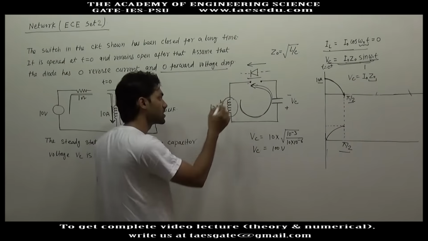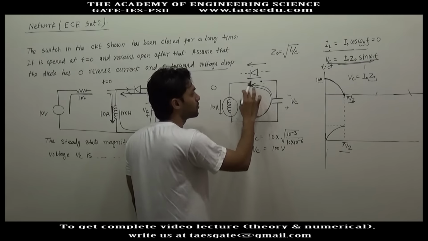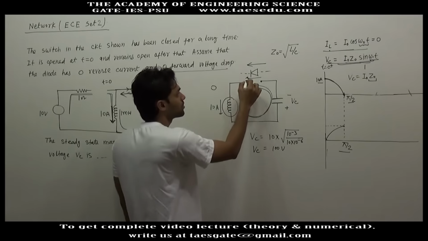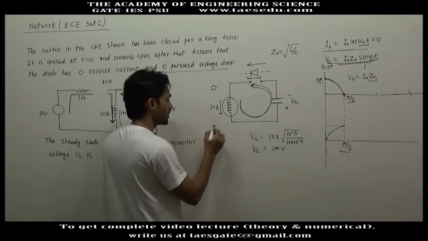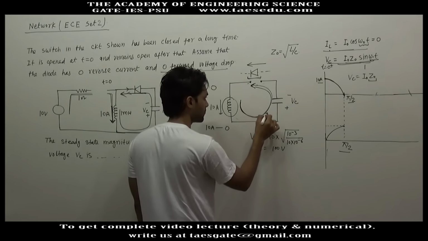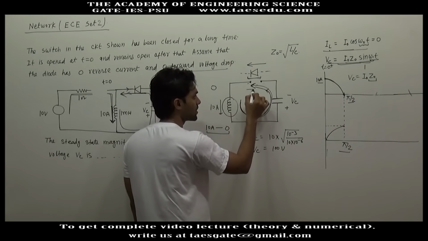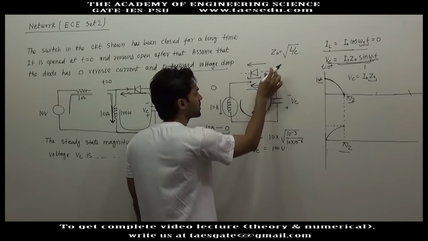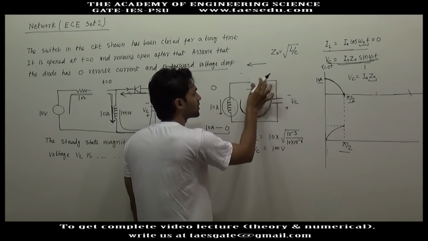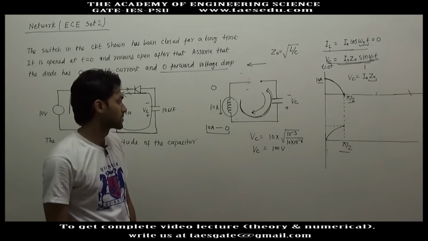So it has to first decrease to 0, then again current may flow in clockwise direction, and even that will not be allowed due to diode. So inductor current will decrease from 10 ampere to 0 ampere, and it will keep flowing. When inductor current is 0, current will have a tendency to flow in clockwise direction, and at that time diode will be open circuited. Okay, and there will be no further transient.